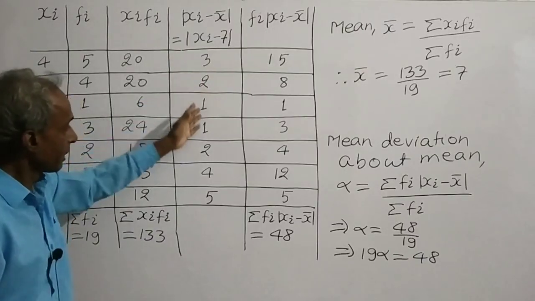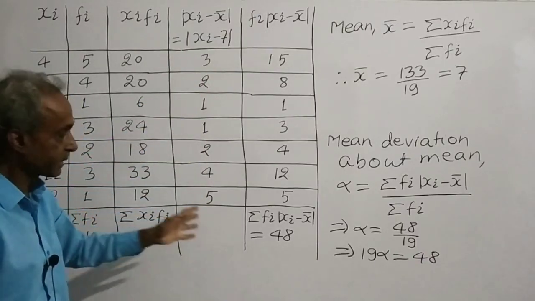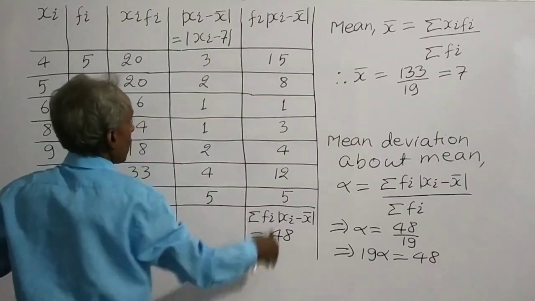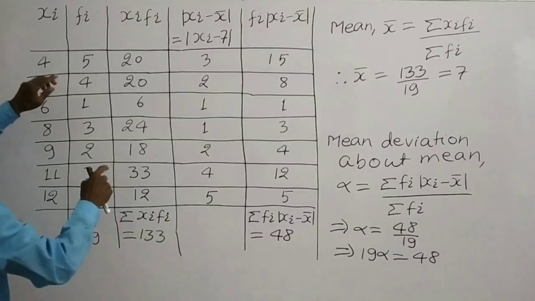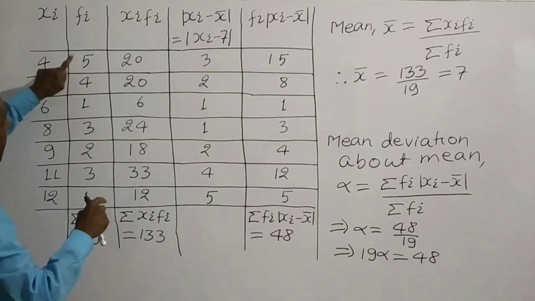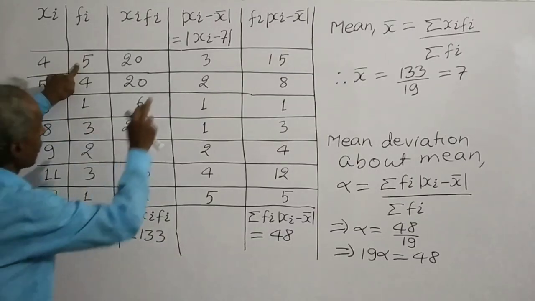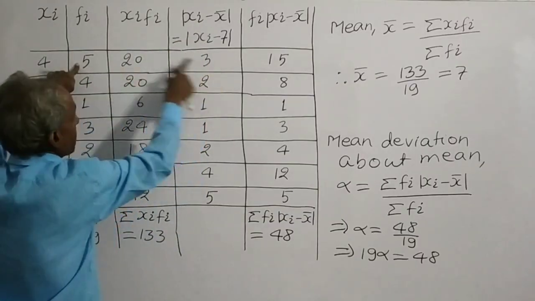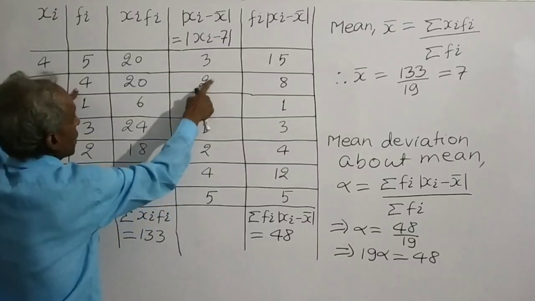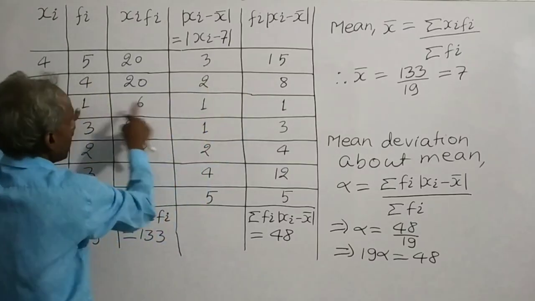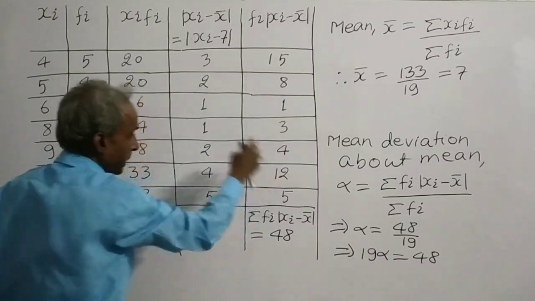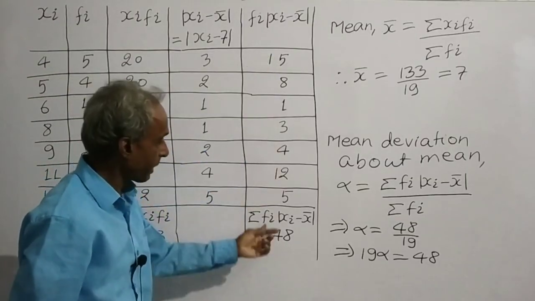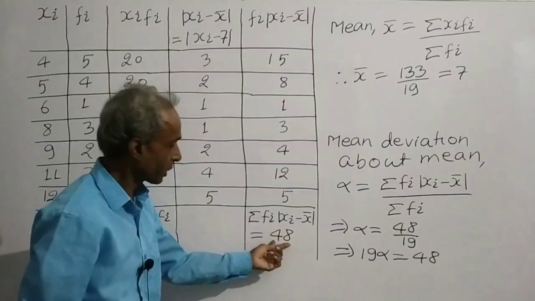In this way we write numbers in this column. Now in this column we write the numbers after multiplying the numbers in these two columns: 5 times 3 is 15, 4 times 2 is 8, 1 times 1 is 1, and in this way. Now add all these numbers and get 48.